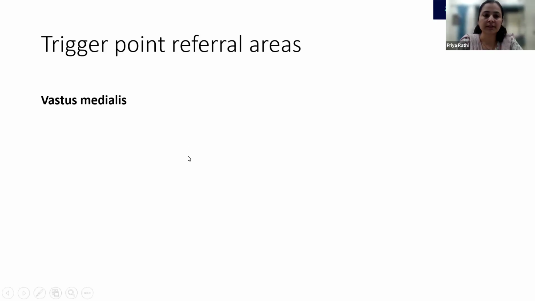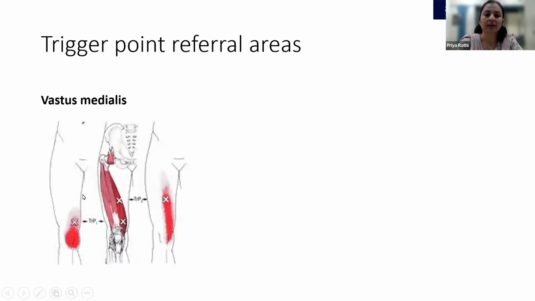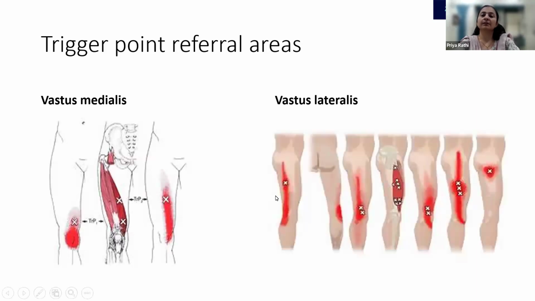Vastus medialis gives pain in the medial aspect of knee. The pain due to vastus medialis is not very severe, but it leads more to buckling of the knee. Vastus lateralis can really give rise to a confusing clinical picture because it can give rise to lateral thigh pain.